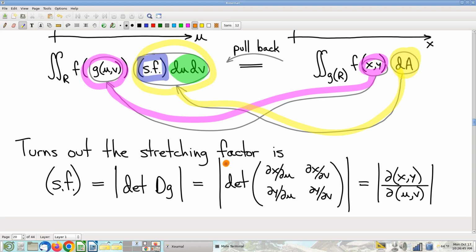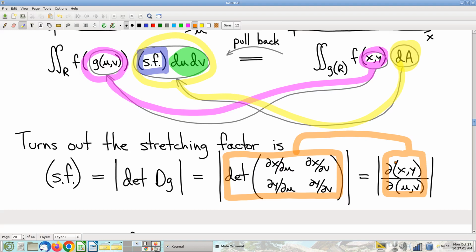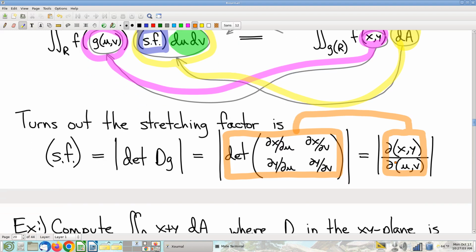When you take the determinant of the derivative matrix, it's really convenient to rewrite that with this little weird notation right here. This is a made-up notation. Don't think of this as something you can make sense out of existing notations. But partial xy, partial uv.